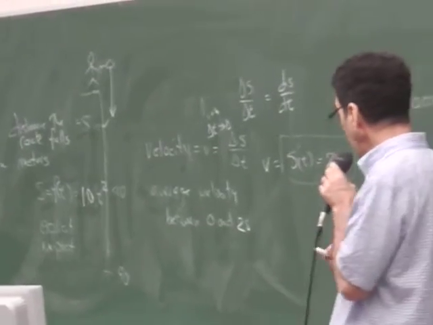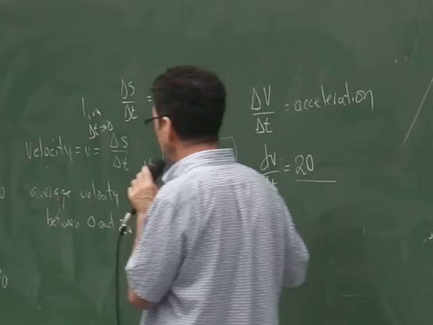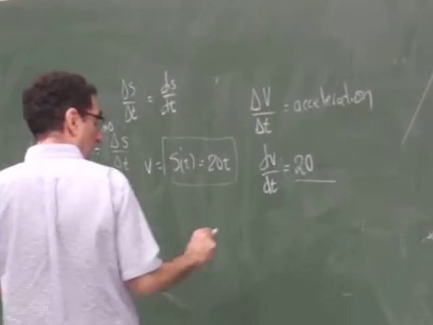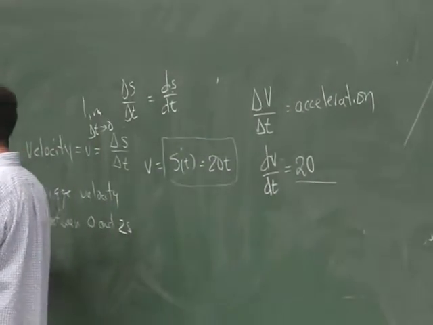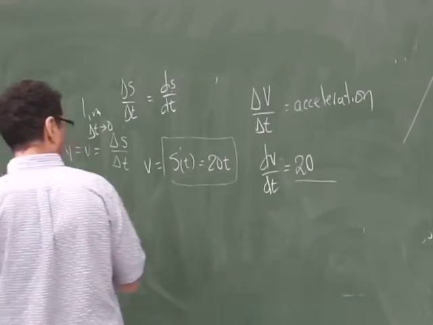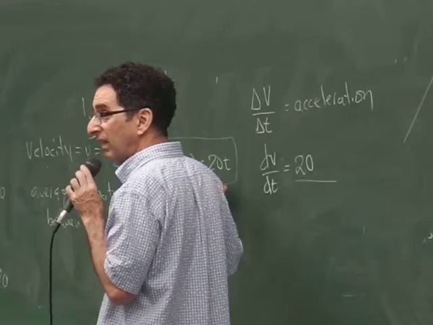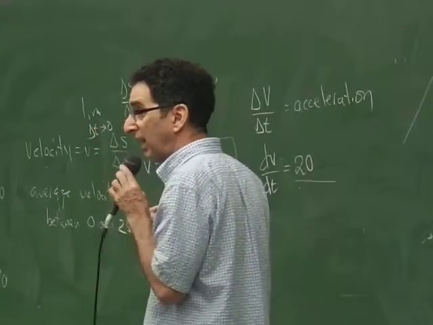Okay? Now how did I get to this? I started out with this. What did I do? I took the derivative of this, and that gave me this. And then I took the derivative of this, and that gave me the 20, right?